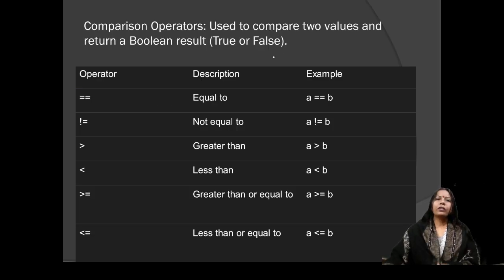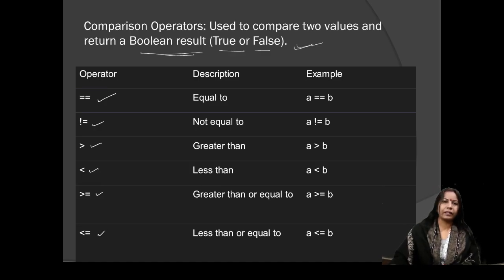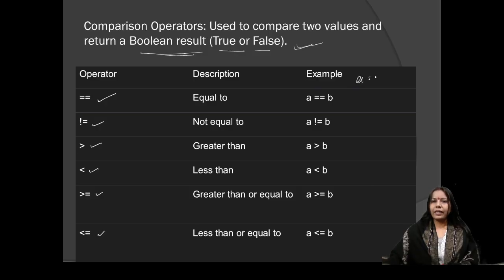Comparison operators are used to compare two values and return a boolean result, like true or false. These are equal to, not equal to, greater than, less than, greater than or equal to, and less than or equal to. For example, suppose you assign a equal to 5 and b equal to 2.